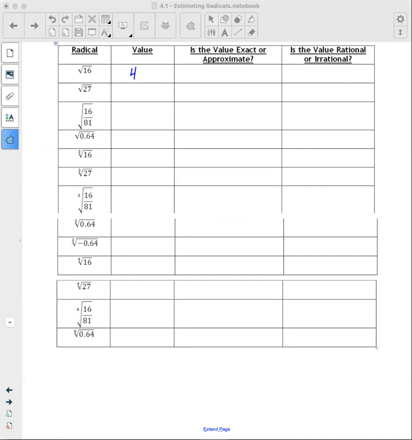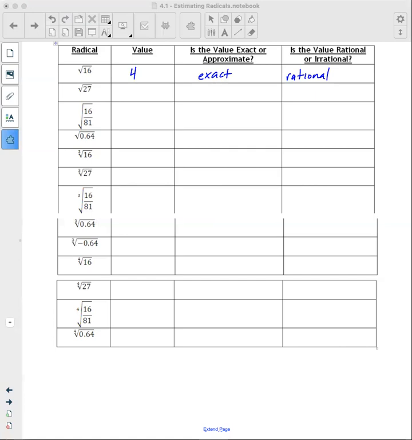Because there's no decimal that continues on forever, we say this is an exact value. And any exact values are going to be rational numbers. Okay, so if it's an approximate, we will consider that irrational.